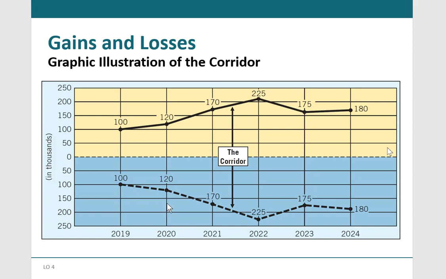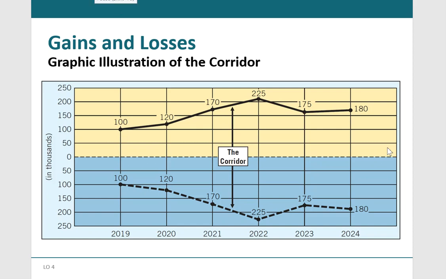In 2020, it was $120,000. In 2021, it's $170,000. Thus, if we have accumulated other comprehensive income gains or losses greater than $100,000 in 2019, we would take that excess and amortize it over the remaining service life.